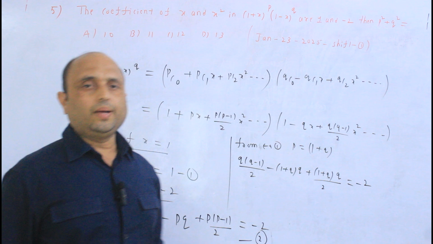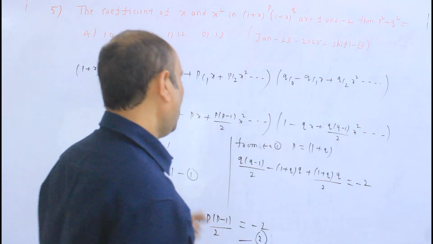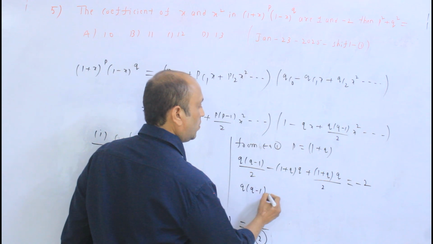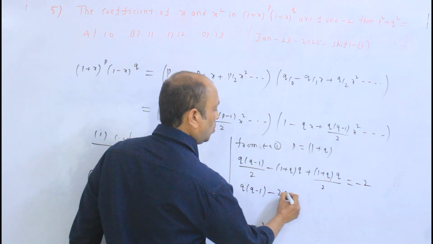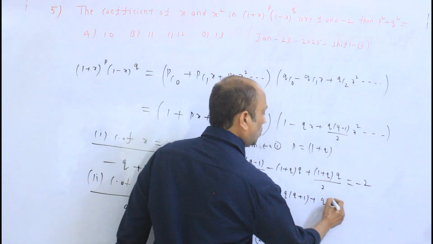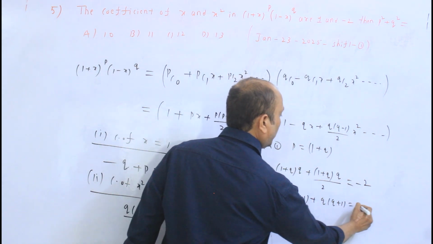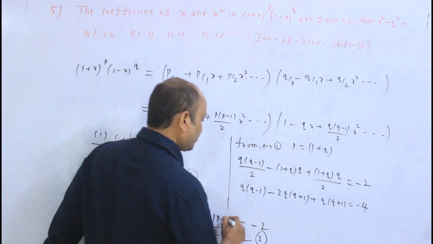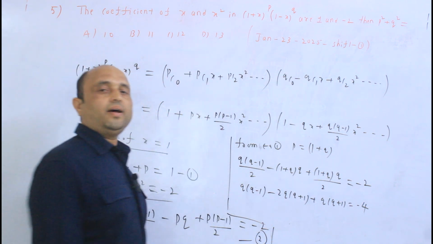Now take the LCM, send 2 to that side, and we get the answer. So q into q minus 1 minus 2q into q plus 1 plus q into q plus 1 equal to minus 4. Now solve here, we get the answer.